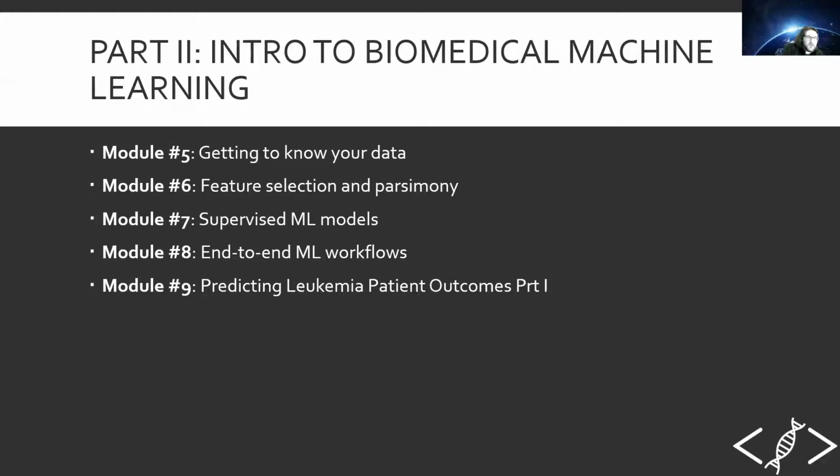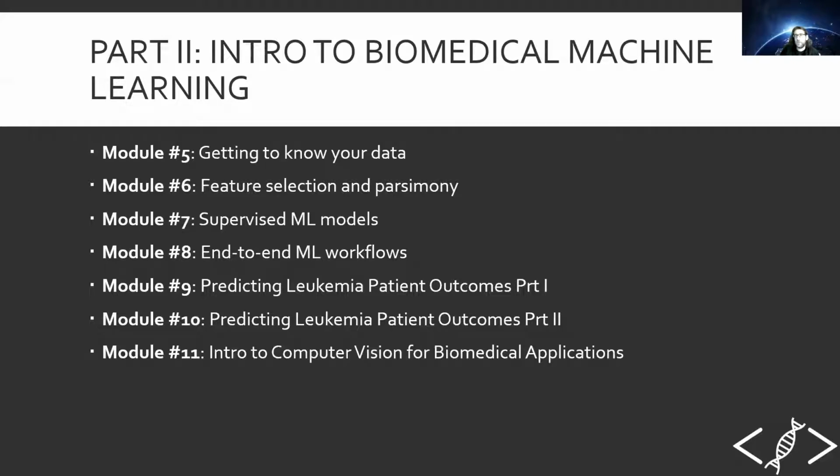Then we're going to have a capstone where we go through the process of taking real-world patient leukemia data and predicting clinical outcomes. That's going to be in two parts between modules 9 and 10. Then we're going to wrap things up with a brief intro to computer vision for biomedical applications, along with a discussion of advanced topics such as deep learning.